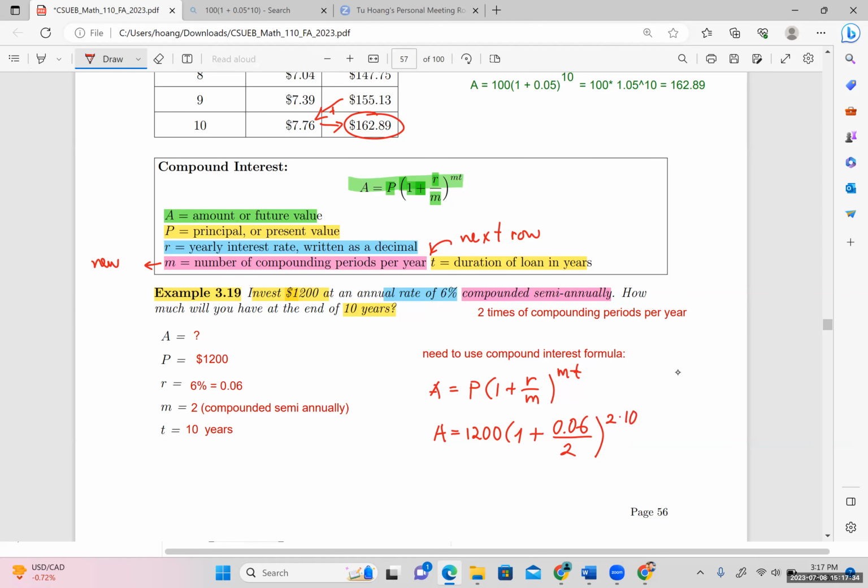Okay, so if you plan to use a calculator on this, you need to make sure the power here, either you simplify it or you put it in parentheses, okay? So let's use calculators.